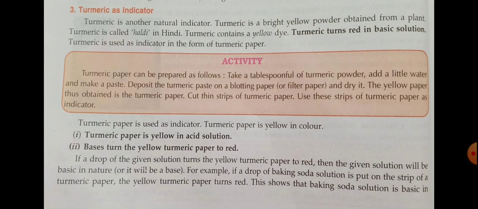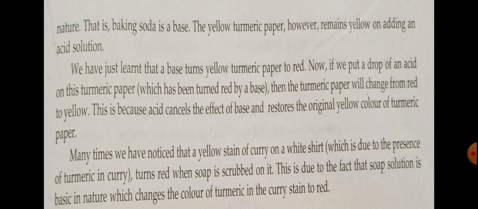Understood? This is about turmeric as indicator, China rose as natural indicator, and litmus as natural indicator. These are three natural indicators, and we have just learned that base turns yellow turmeric paper to red.